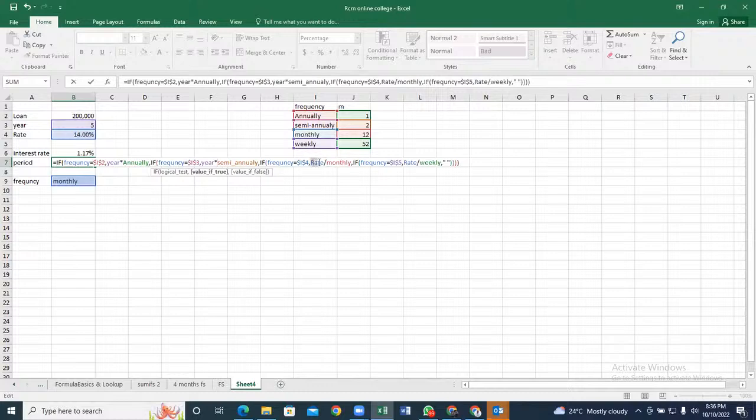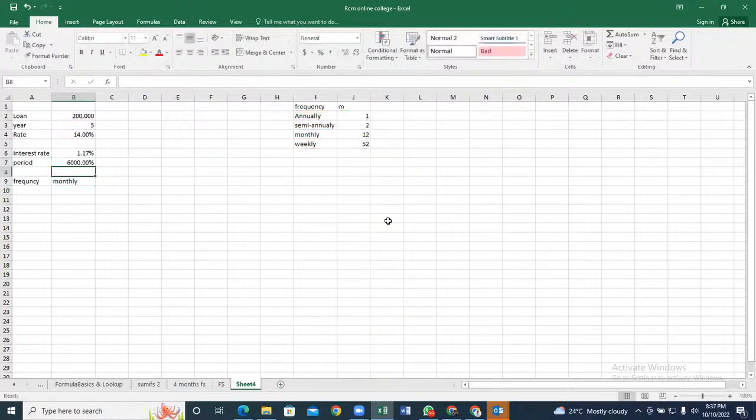All my rates I'm going to change to year. Then the division sign, I'm going to change to multiplication sign. Then this last one, just come here, replace rate with year because I had already defined the name, and then I multiply by that.